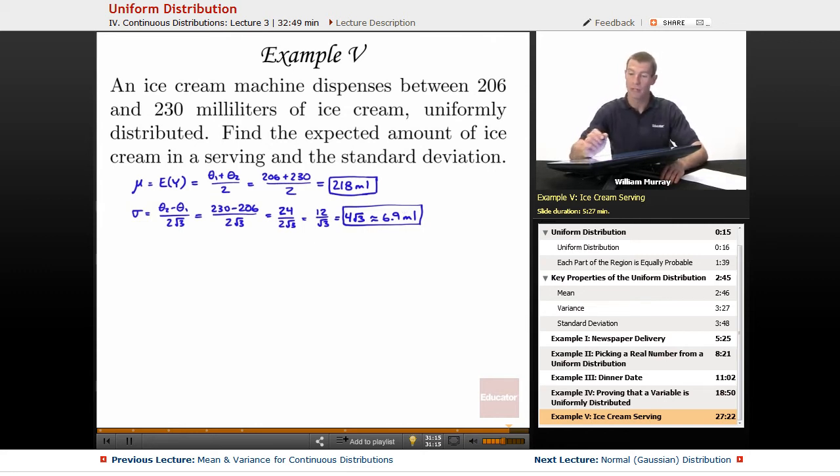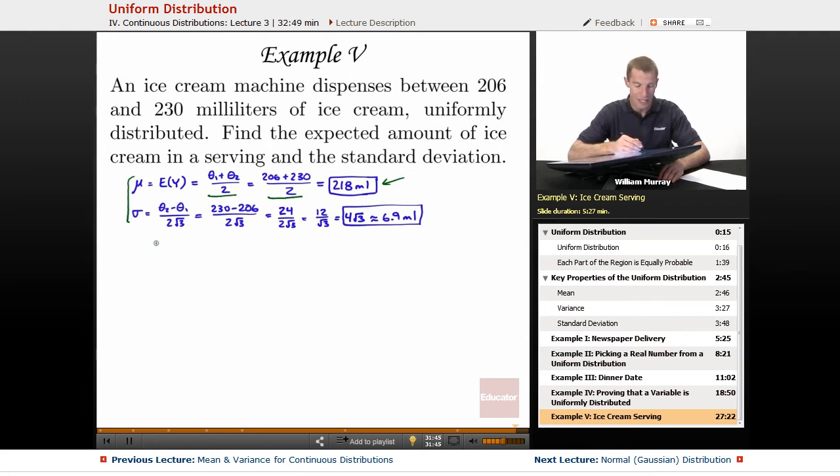So to recap where these numbers came from, the formulas for the mean and standard deviation, I gave those to you on an early slide in this talk. It was called Key Properties of the Uniform Distribution. And they're fairly straightforward formulas. In particular, the mean is what you would guess. It's just the average of the upper and lower bounds. So 206 plus 230 over 2 gives you an average of 218 milliliters of ice cream per serving.